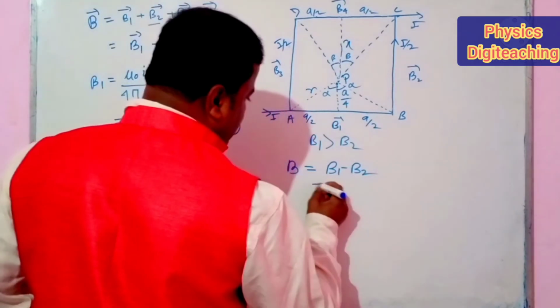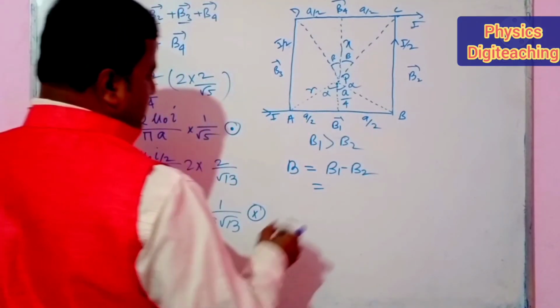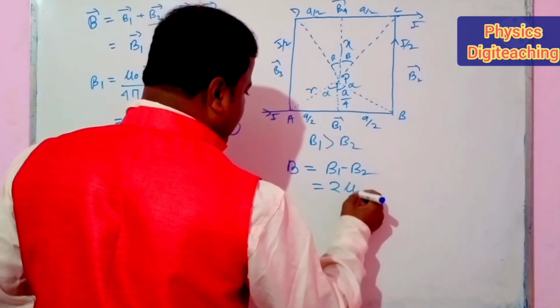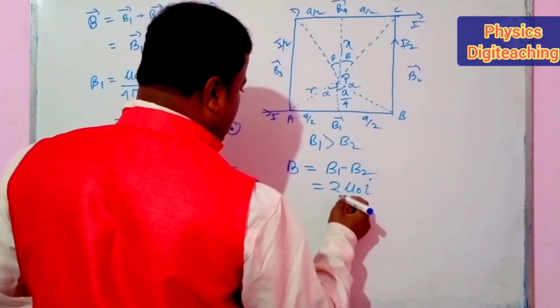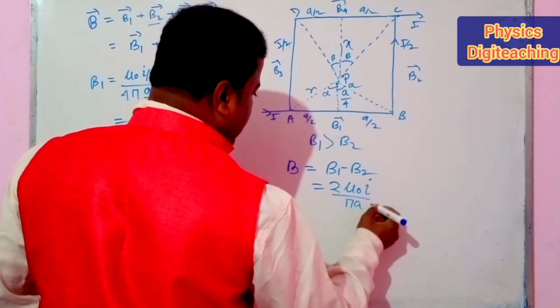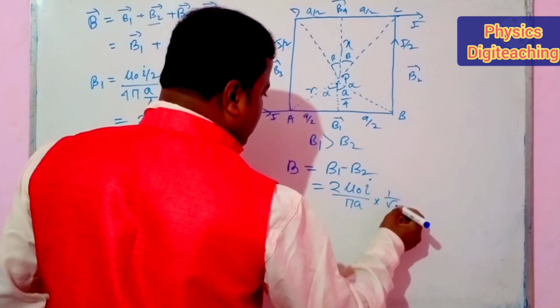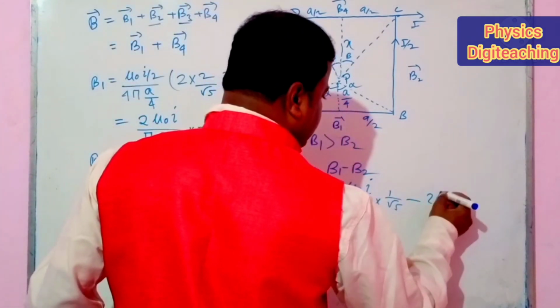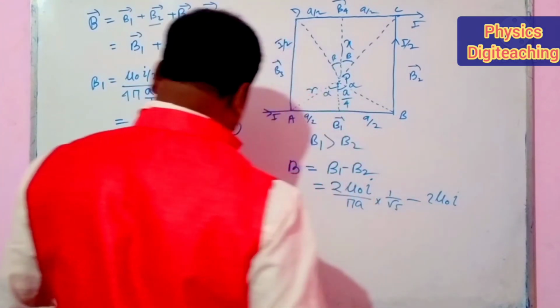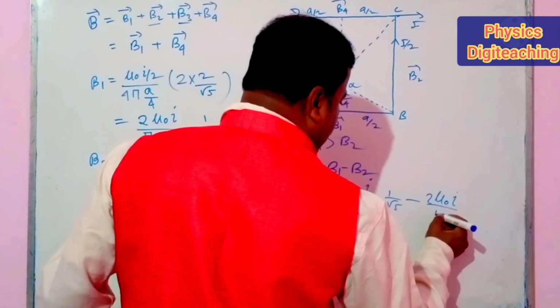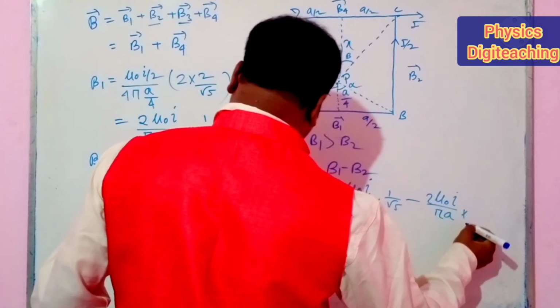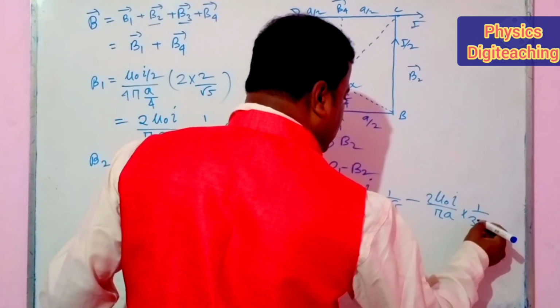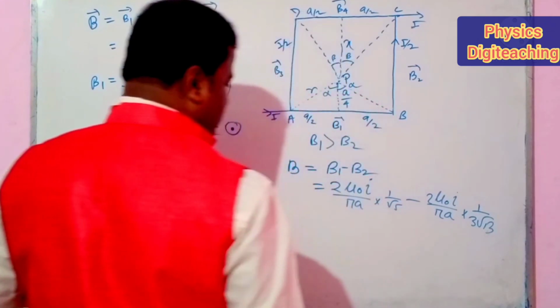If we substitute the values, 2 mu naught I upon pi a into 1 upon root 5 minus 2 mu naught I upon pi a into 1 upon 3 root 13.